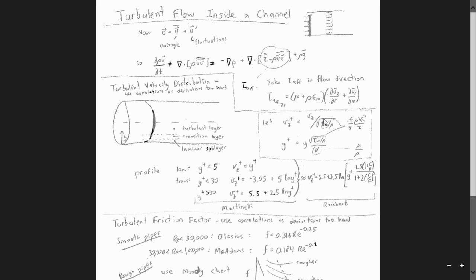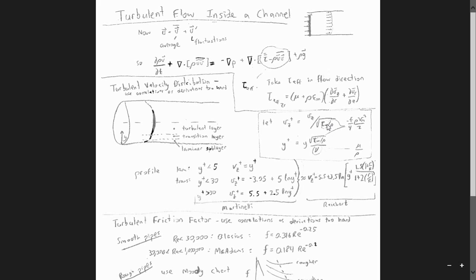So we have an adjustment factor on our velocity to give us Vz plus, and an adjustment factor on our y coordinate: our regular y coordinate is multiplied by the square root of the shear stress over the density and divided by the kinematic viscosity, where kinematic viscosity is regular viscosity divided by density, in order to get our units to work out.